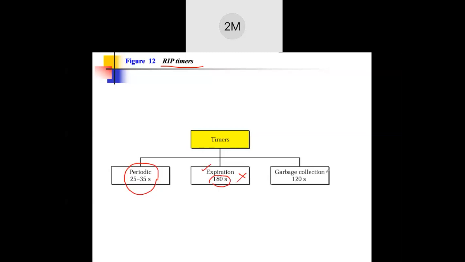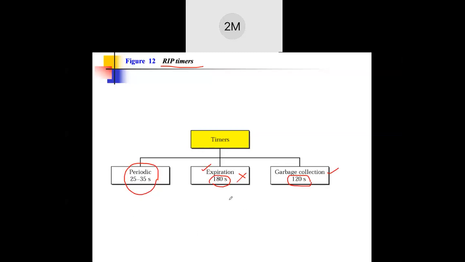And garbage collection is 120 seconds. So whenever RIP is there, all these three timers are functioning. Periodic is required whenever I want to exchange the table. Expiration is how much time I should keep this entry as it is, and garbage collection is another. It will check whether there are any valid entries in that particular table or not.